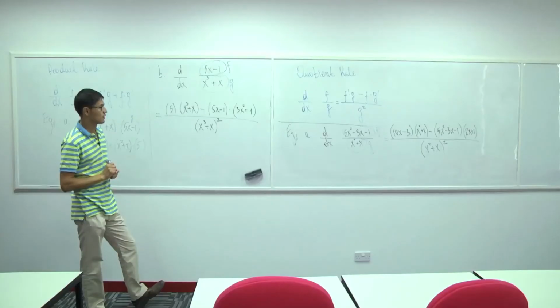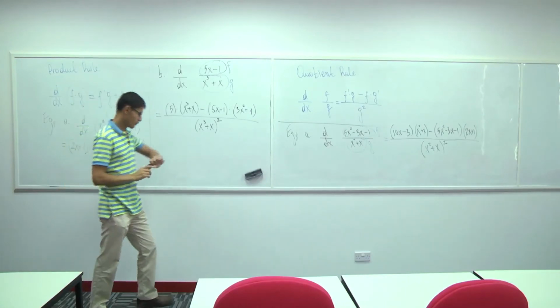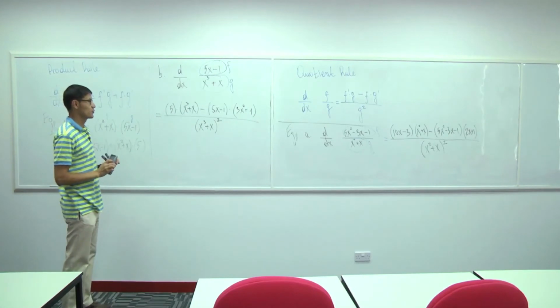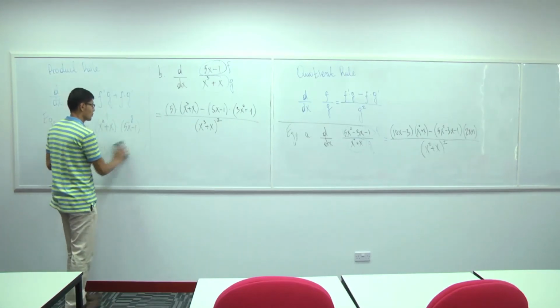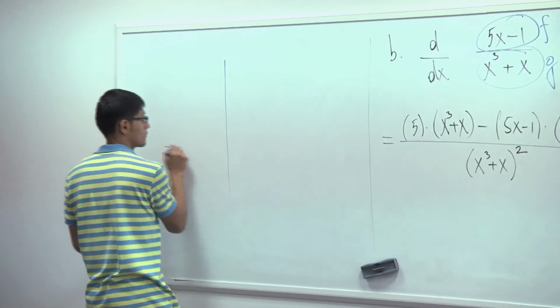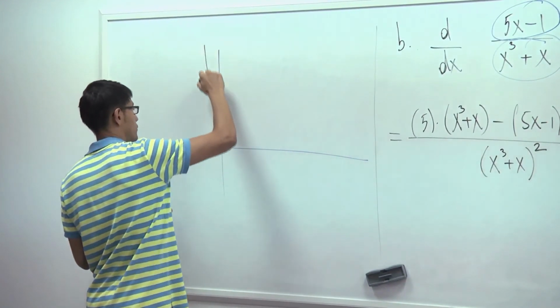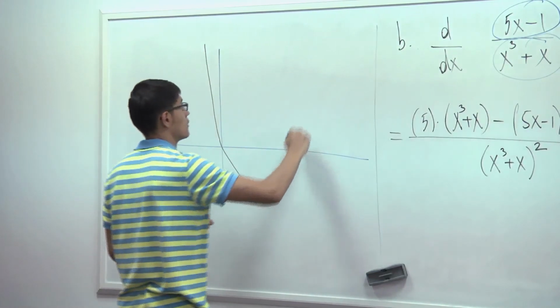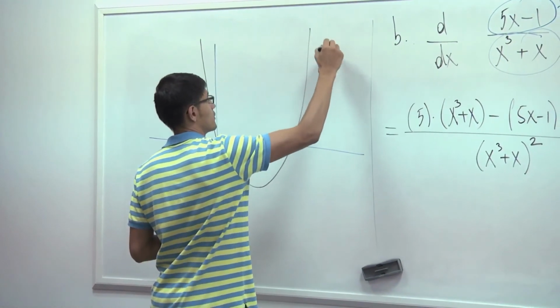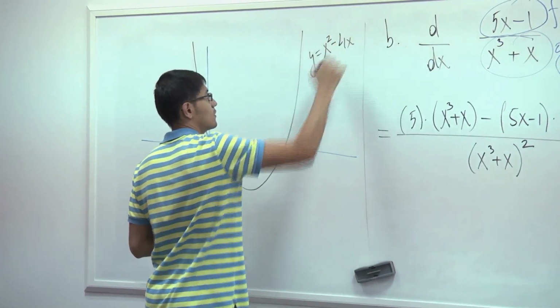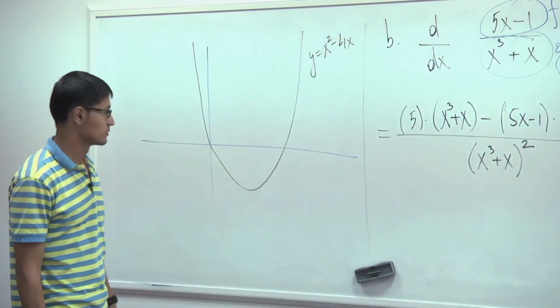Okay? And before we finish, I want to connect again the idea of the derivative to the idea of the slope. Suppose we have the graph of the function x squared minus 4x.